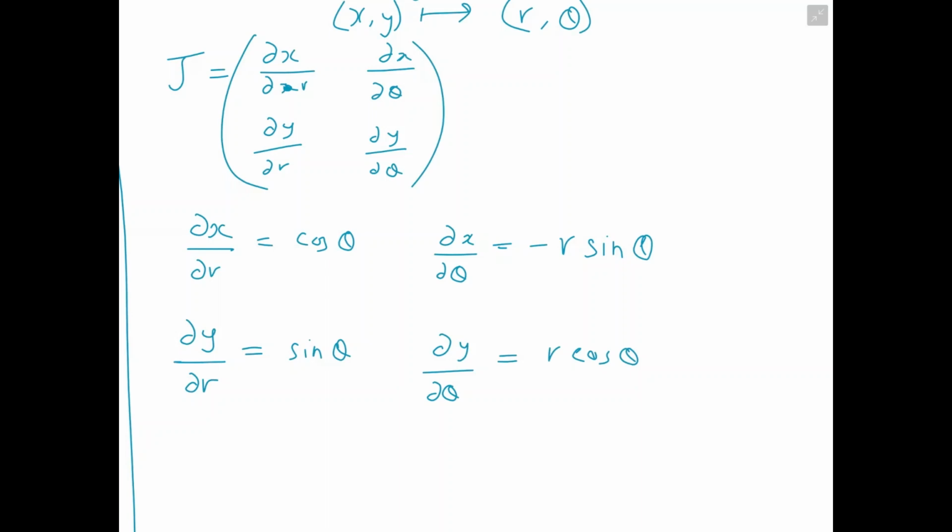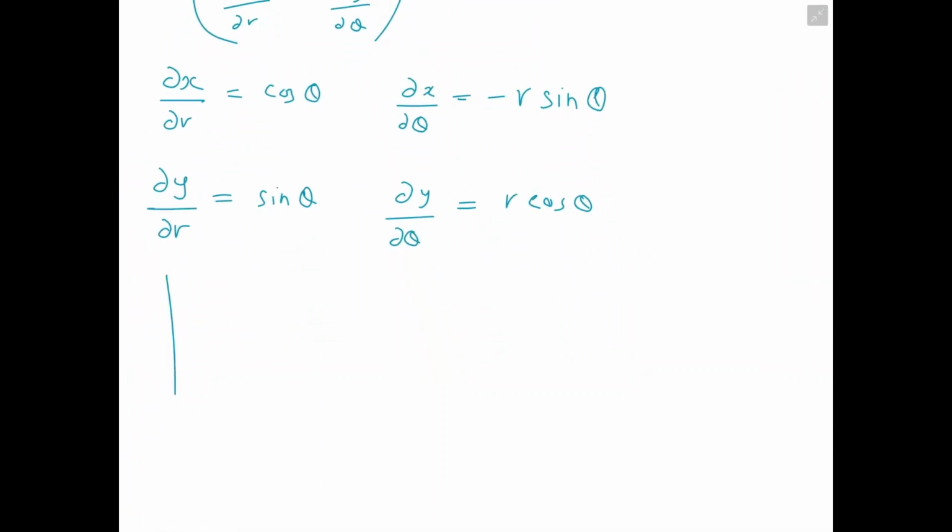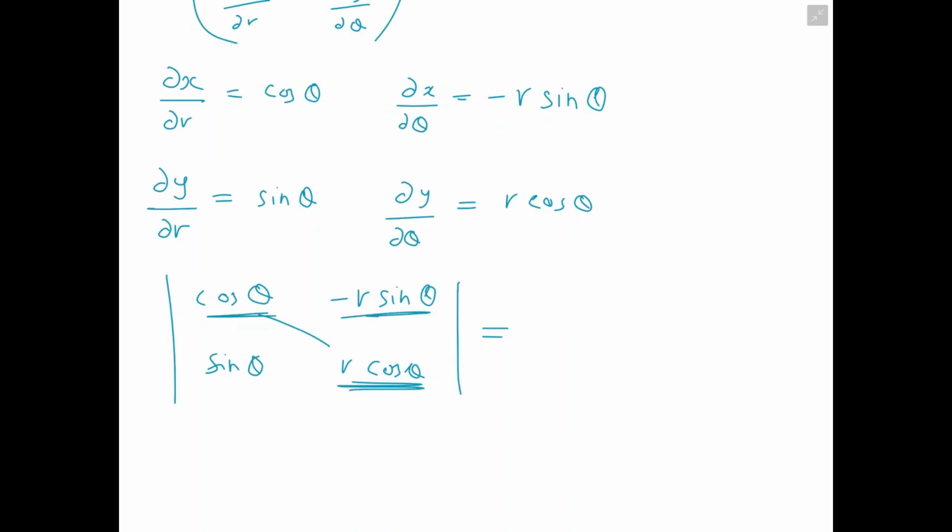Right? So now if we work out the determinant of the Jacobian, so that's the determinant of cos theta, minus r sine theta, sine theta, and r cos theta. The way we work out determinants of 2x2 matrices is we multiply these two, this and this, and we take away the product of these two, this and this.